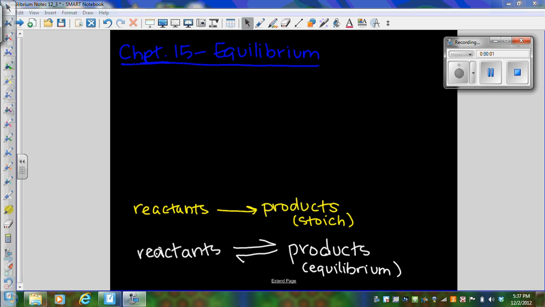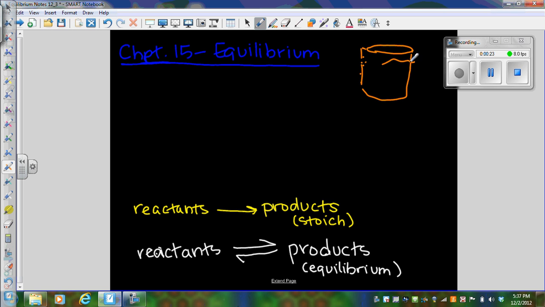All right, so we are going to start talking about equilibrium, which is chapter 15 in your textbook. And we've already talked about equilibrium a little bit. We mentioned it when we were talking about a saturated solution and how in that saturated solution you had ions that would be dissolved in the solution, and then you also had some solid that was at the bottom.